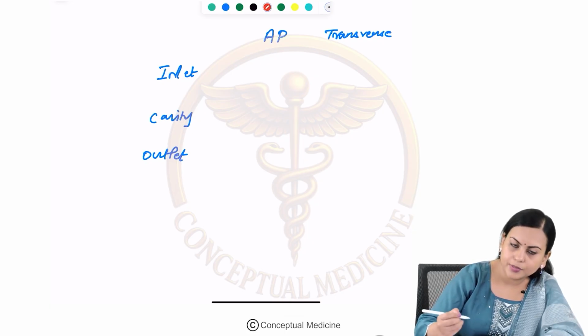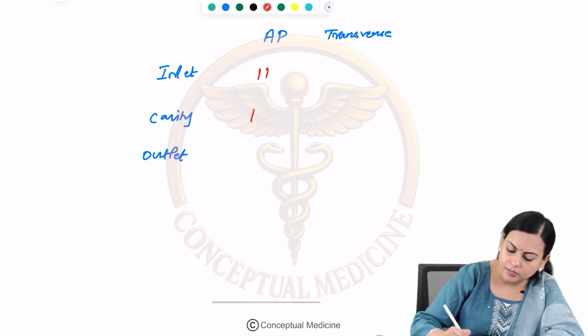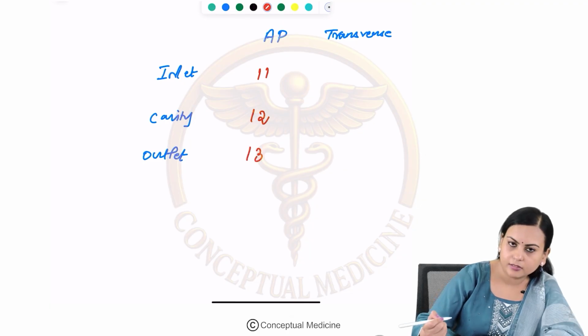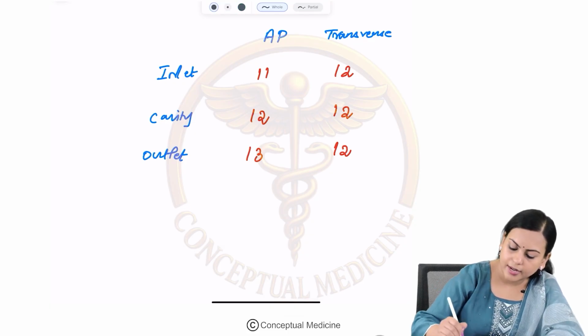It's simple, students: you will put 11, 12, 13, then 12, 12, 12, then 11, 12, 13 here. Okay, this is another 11 here.